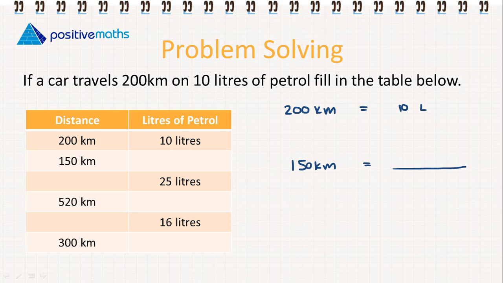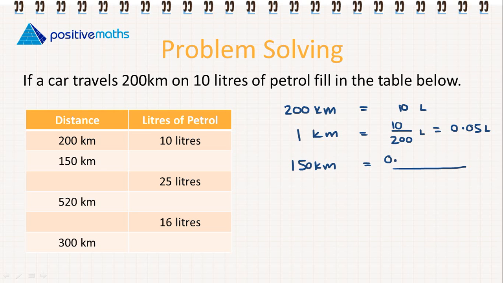Before we find out how many litres that will take, we'll find 1 kilometre. So if 200 kilometres is equal to 10 litres, therefore 1 kilometre is going to equal 10 divided by 200 litres, which will give us 0.05 litres.